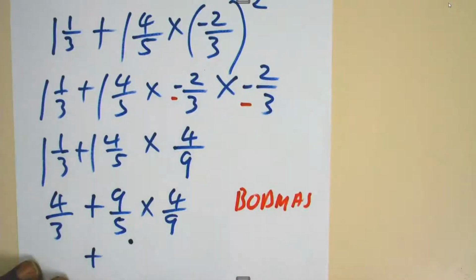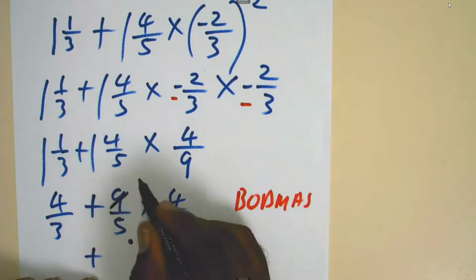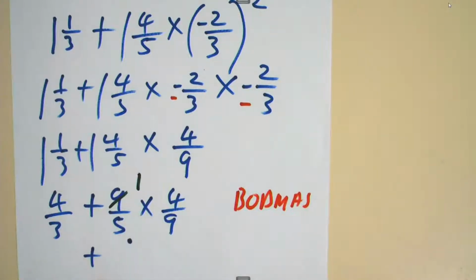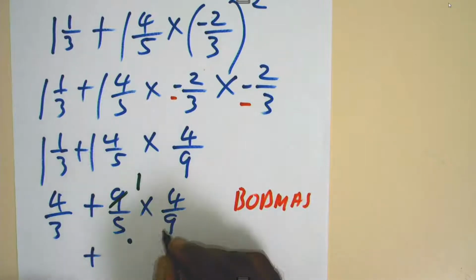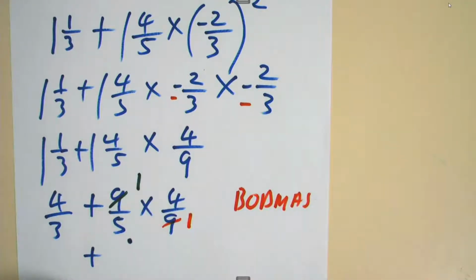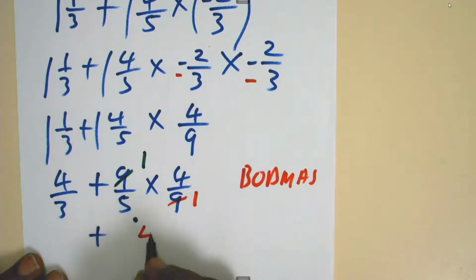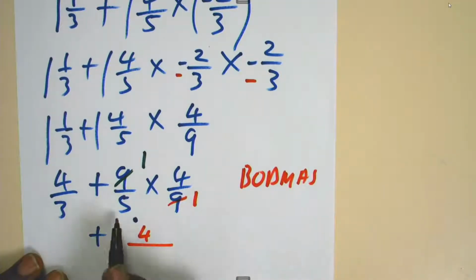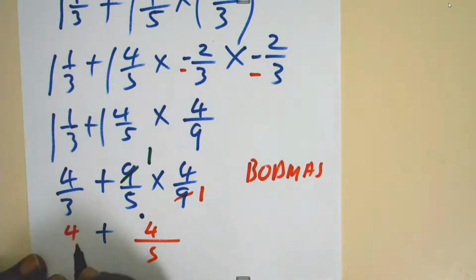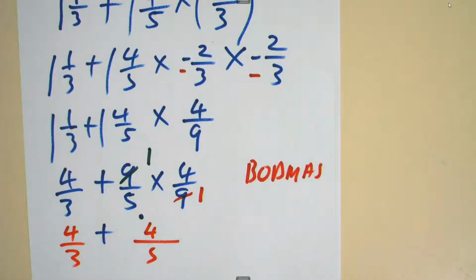But maybe there's another way of simplifying it, because in maths we're always looking for simplifying things. Then we'd say, how many 9s in 9? 1. How many 9s in 9? Another 1. Therefore, 1 multiplied by 4 is 4. 5 multiplied by 1 is 5, plus 4/3.